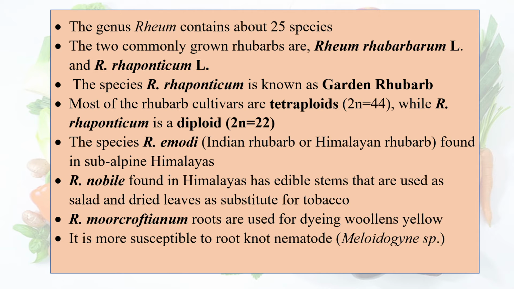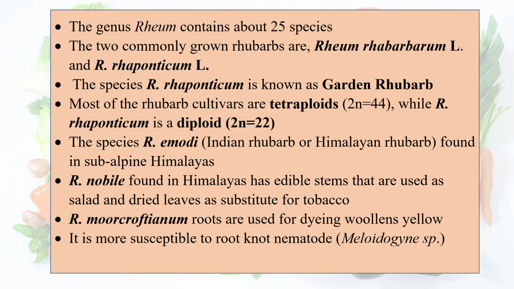The two commonly grown rhubarbs are Rheum rhabarbarum Linnaeus and Rheum rhaponticum Linnaeus. So these are two commonly grown cultivated rhubarbs. But of these two, Rheum rhaponticum is also known as garden rhubarb, and not only this, it is diploid in nature, 2n = 22, while the other cultivars are tetraploid, 2n = 44.